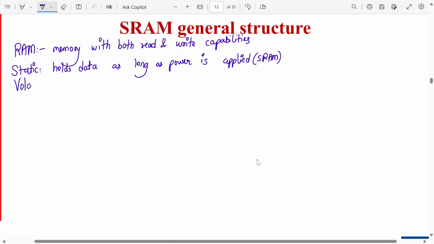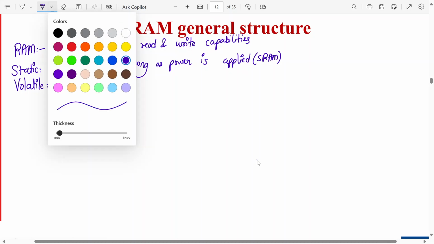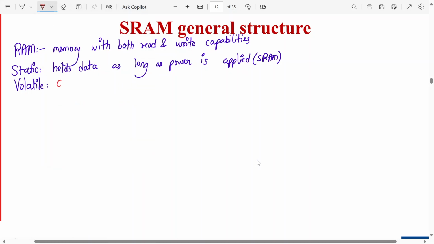And what do you mean by volatile? Anyone? Volatile memory means it cannot hold data if power is removed or switched off. So it's one and the same thing: static RAMs are volatile memories.